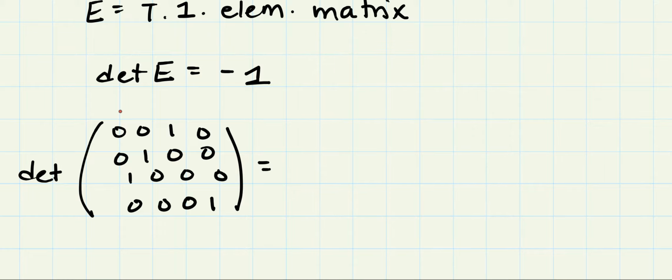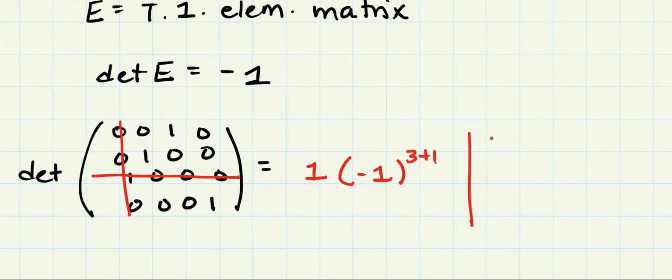I'm going to go with this column. So I'll get 1 times negative 1 to the 3 plus 1, cross this out. And then my matrix is 0, 1, 0, 1, 0, 0, 0, 0, 1.